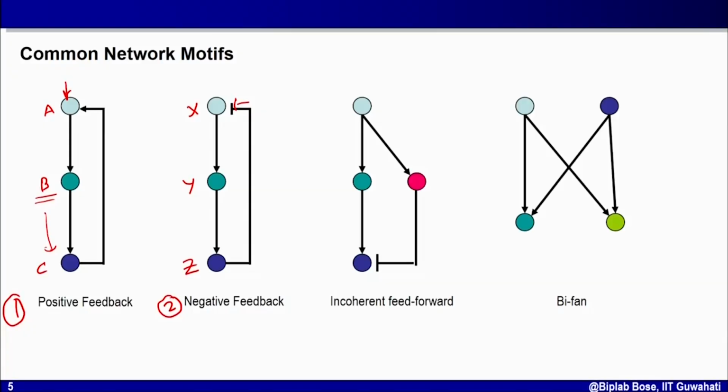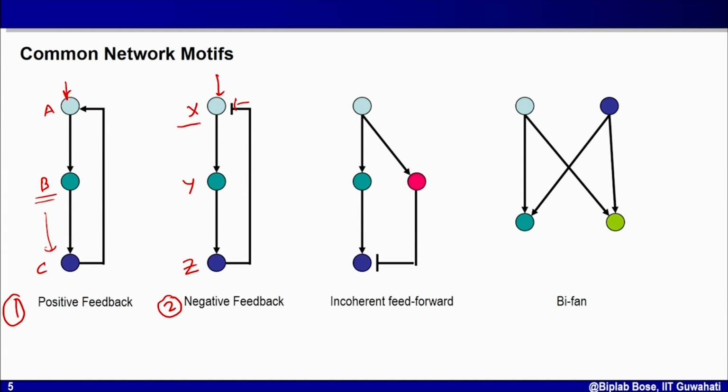Now not just in transcriptional circuits. Negative feedbacks are very common in metabolic circuits. They are very common in cell signaling. In a cell signaling network, it can be like this: suppose the external signal comes to X, the information coming to X, X gets activated and it becomes an active kinase.